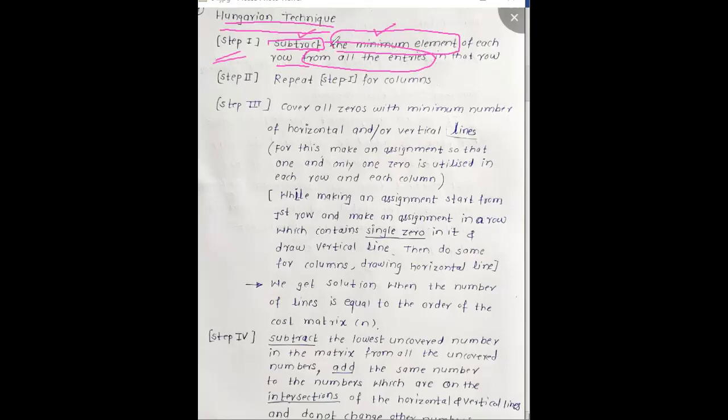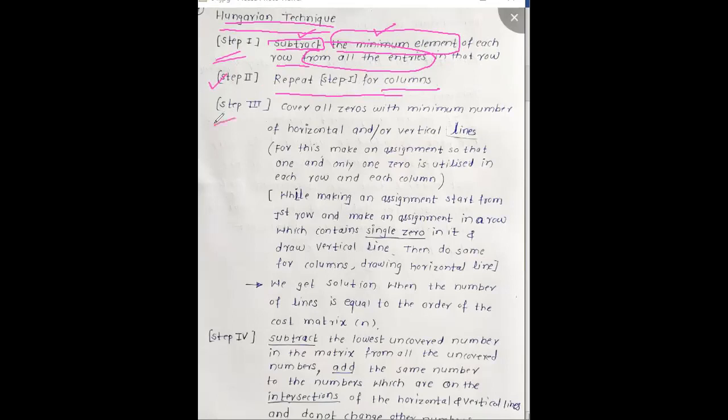Similarly, we repeat it for the second row, third row and fourth row. If there are 4 rows, then we repeat the process for all the 4 rows. Then step two: repeat step 1 for columns. Look at the columns starting with the first column, subtract the minimum element of each column from all the entries in that column.